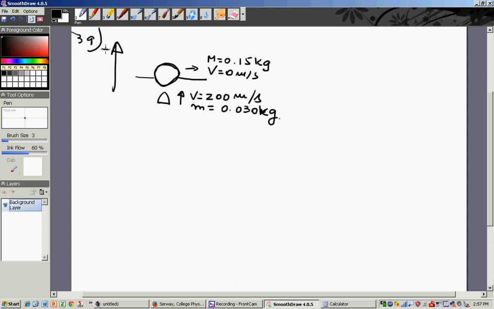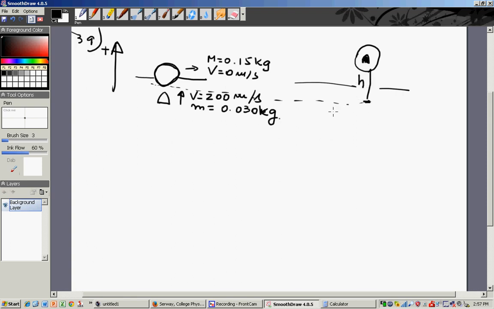So a collision is going to take place. And what's going to happen? Well, my system, basketball and embedded bullet, will rise up from here to there, height h, right?